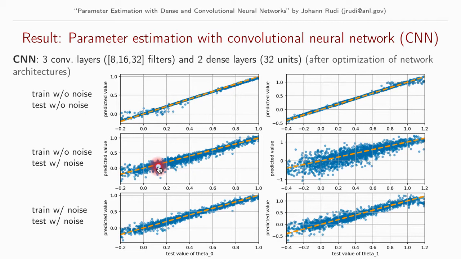However, if you train without noise, the variance becomes quite wide, even wider than the dense neural network from the slide before. So in order to avoid this wide spreading, it's actually beneficial to train also with a noise model similar to what your testing data noise will be.